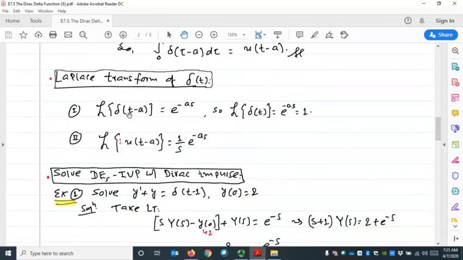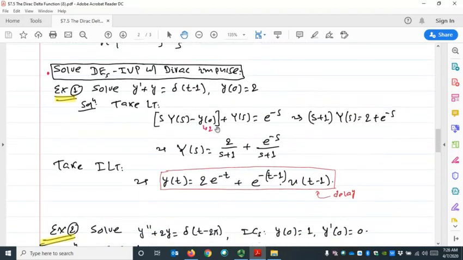The Laplace transform of delta of t minus a is e to the power negative a s. So put a equals 0, and the Laplace transform of delta of t is simply 1. Similarly, the Laplace transform of the unit step function u of t minus a equals 1 over s times e to the power negative a s. Great. So now let's solve some differential equations with Dirac impulse.